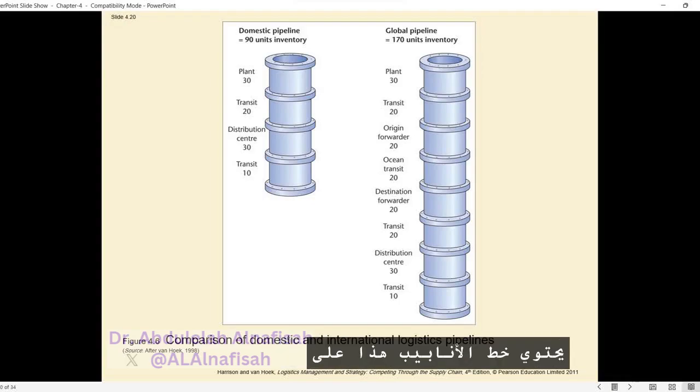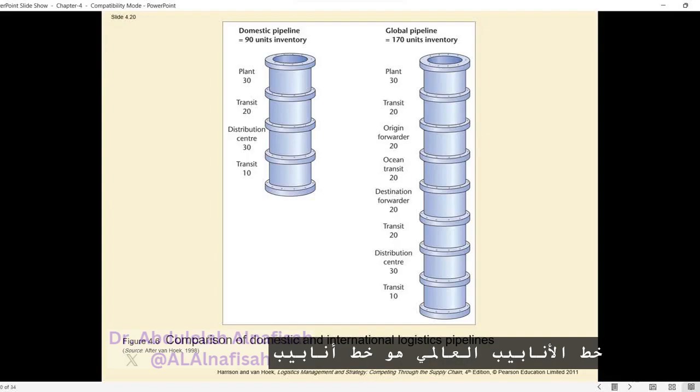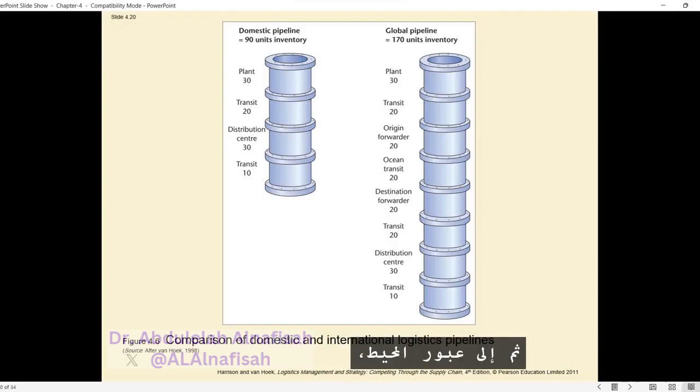This pipeline has lower inventory costs, but it may have higher transportation costs or lower customer service levels, depending on the distance and demand. Global pipeline. This is a longer and more complex pipeline where goods are delivered from the plant to the origin forwarder, then to the ocean transit, then to the destination forwarder, then to the distribution center, and finally to the local transshipment point.